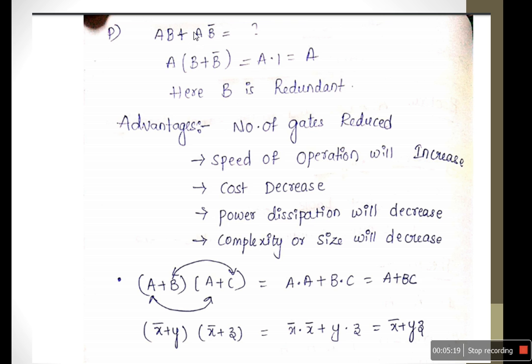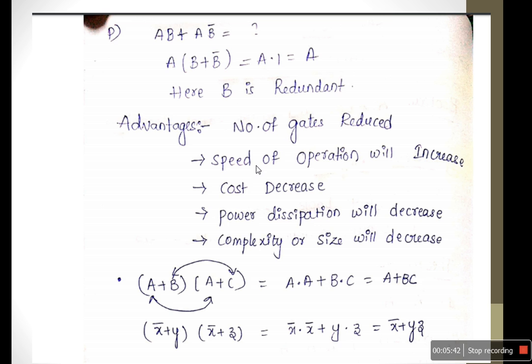But if I reduce the expression, I get only A. So I need only one AND gate or one OR gate or something. So with the help of Boolean algebra and minimization techniques, we can reduce the number of gates.